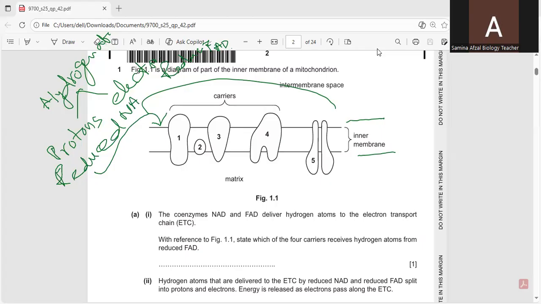There are two reduced coenzymes, reduced NAD and reduced FAD. And now we have to write about FAD. So the reduced FAD delivers its electrons to carrier 2. So carrier 2 is succinate dehydrogenase, or complex 2. So we will write our answer: it is carrier 2.